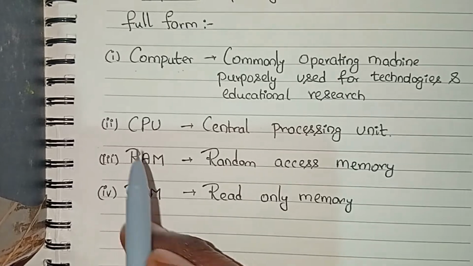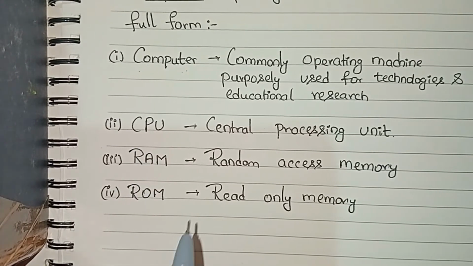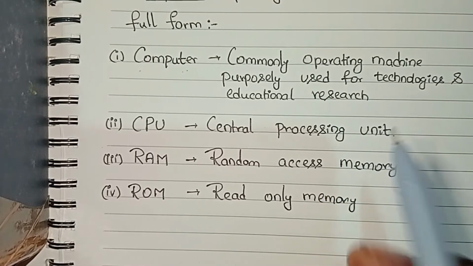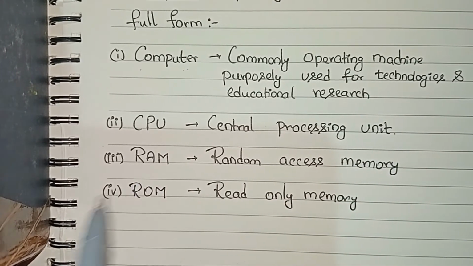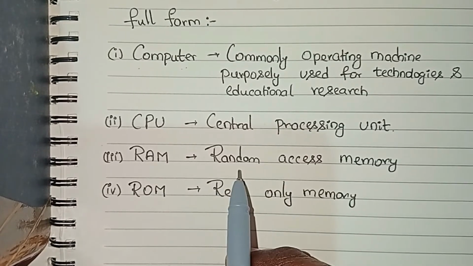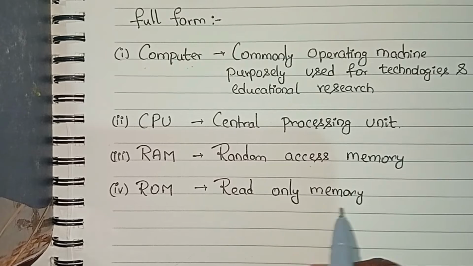Next, what is CPU? CPU is abbreviated as central processing unit. Then RAM is abbreviated as random access memory, and ROM is abbreviated as read only memory.